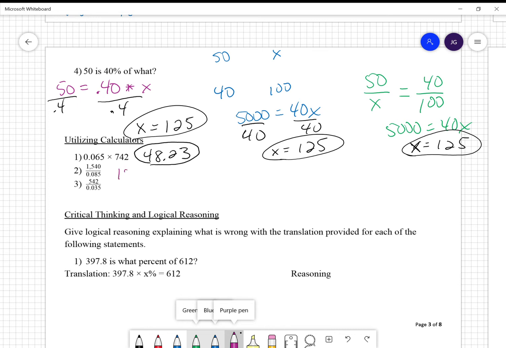So 18,117.6. And then the last one, 542 divided by 0.035, 15,485.71. So it would be 0.7.